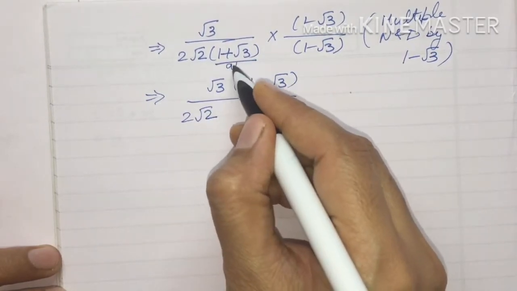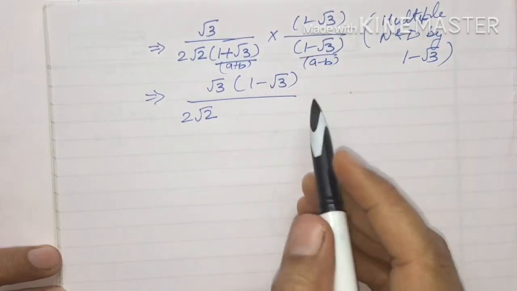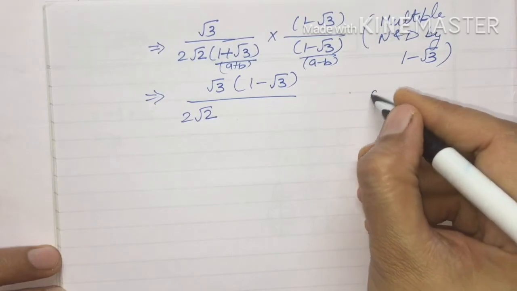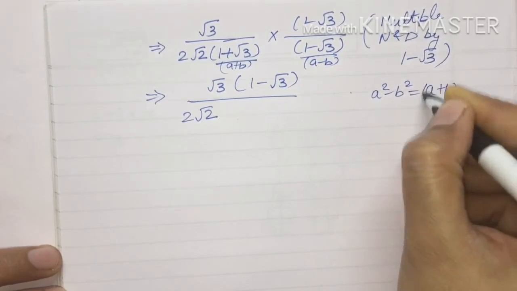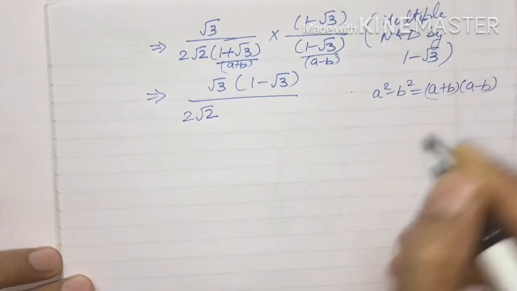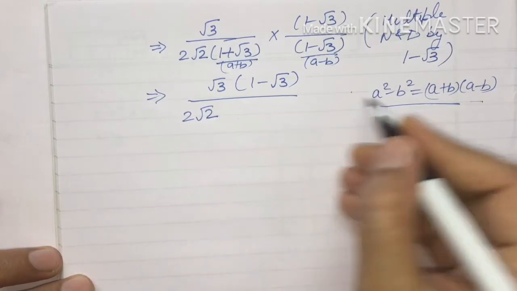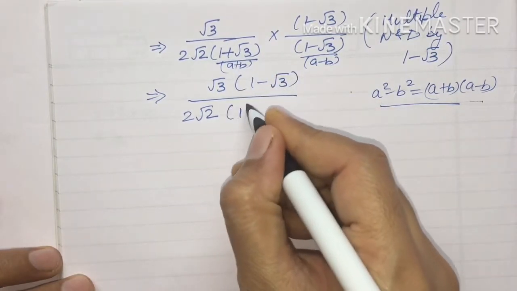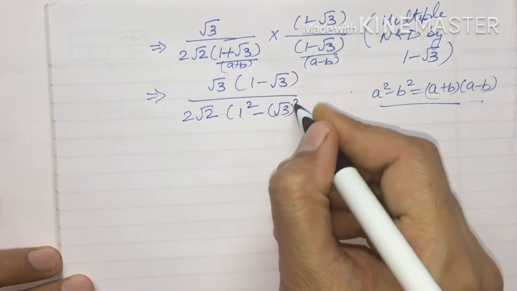This is a plus b and this is a minus b, so here is the identity. What is the identity? a square minus b square is equal to a plus b into a minus b. So this identity we will use here. So a square means square of 1, b square means square of root 3.